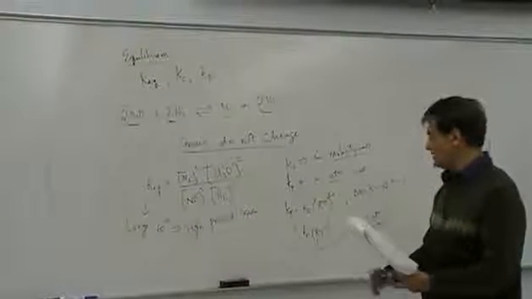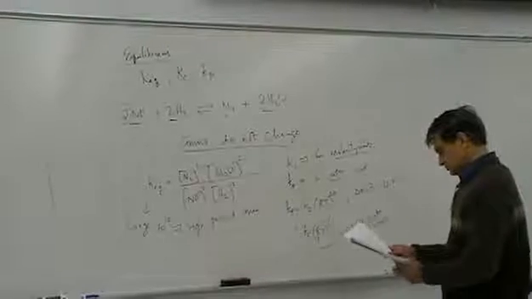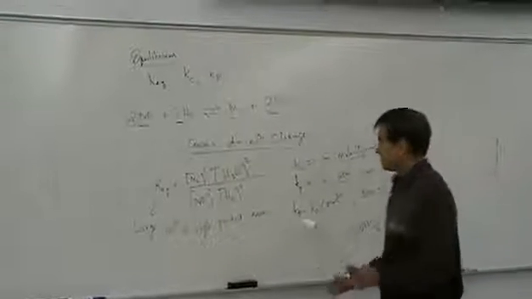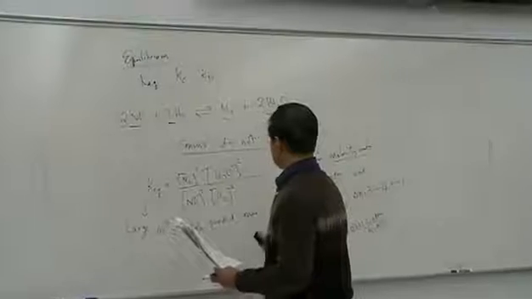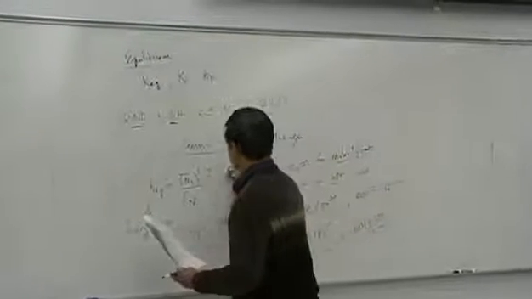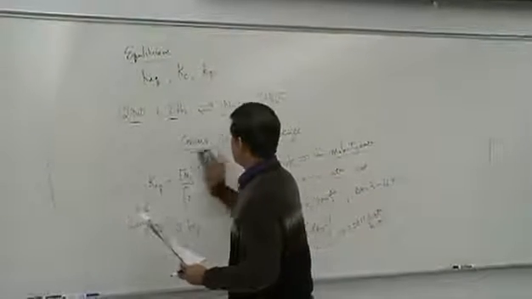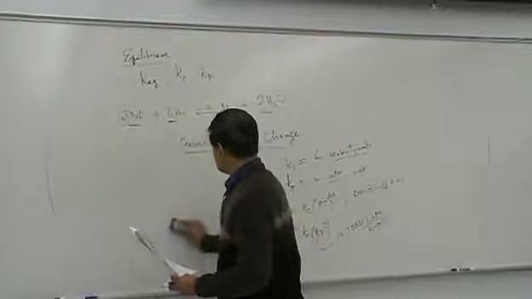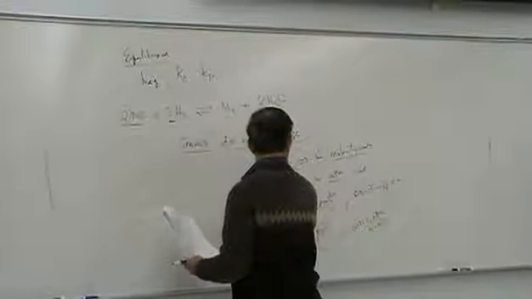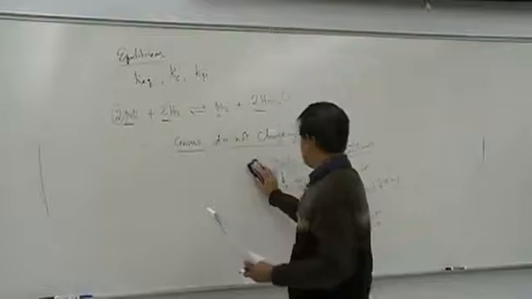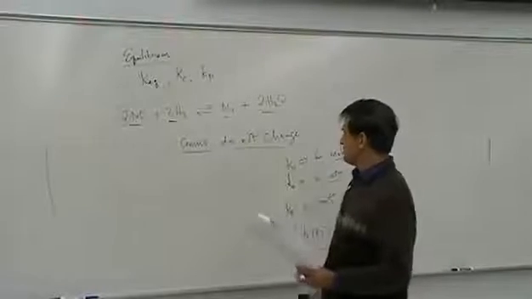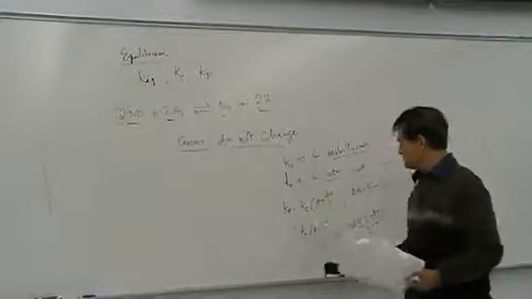Now we're going to do another problem that will deal with calculation of equilibrium concentrations. Now let's keep the reaction the same. Before I go over the next type of problem, I must remind you this.